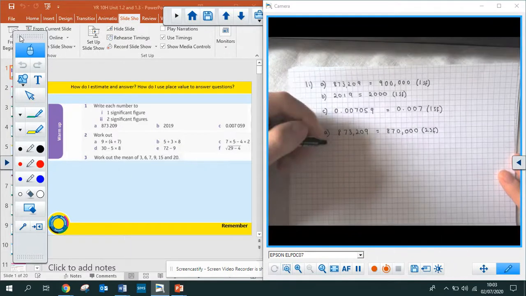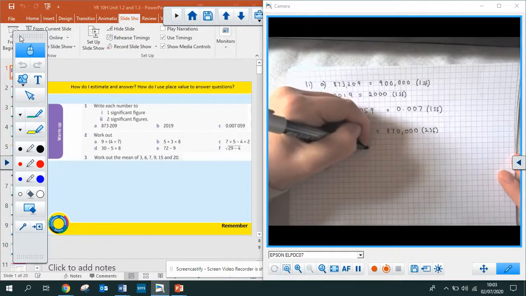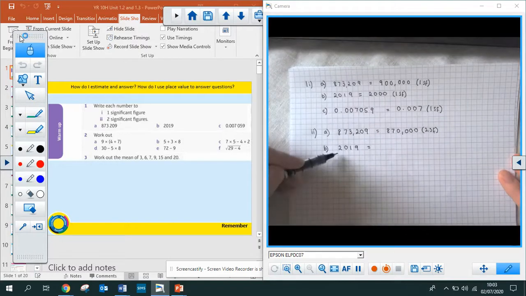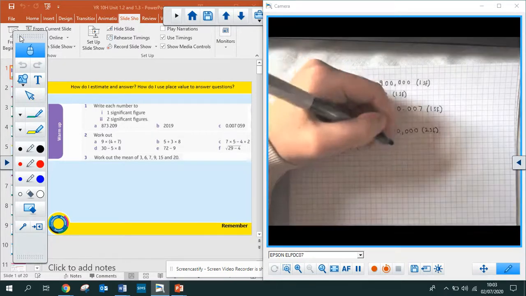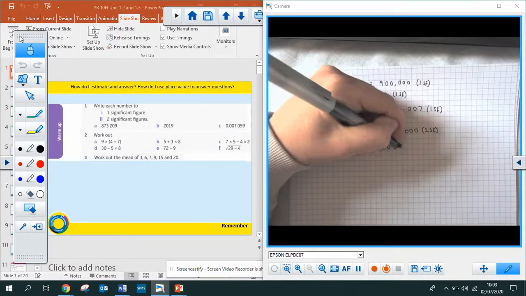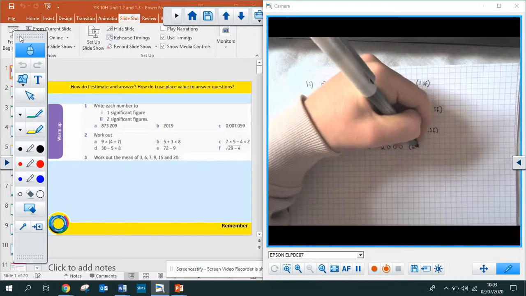Okay? Part B, we've got 2019. Start counting from your first non-zero, that's my 2, so 1, 2. Look at the number next to it, it's 4 or less, therefore it's going to round down and keep the same, so it's going to be 2000 again. And that's the 2 significant figures.